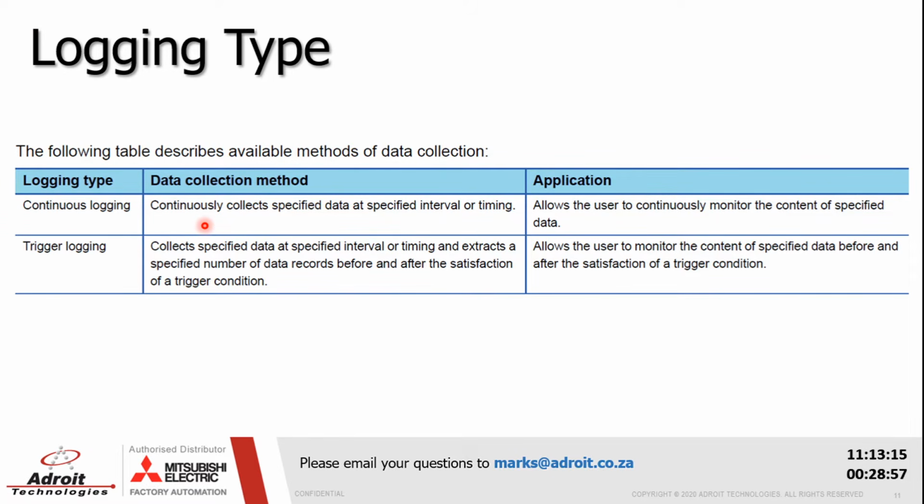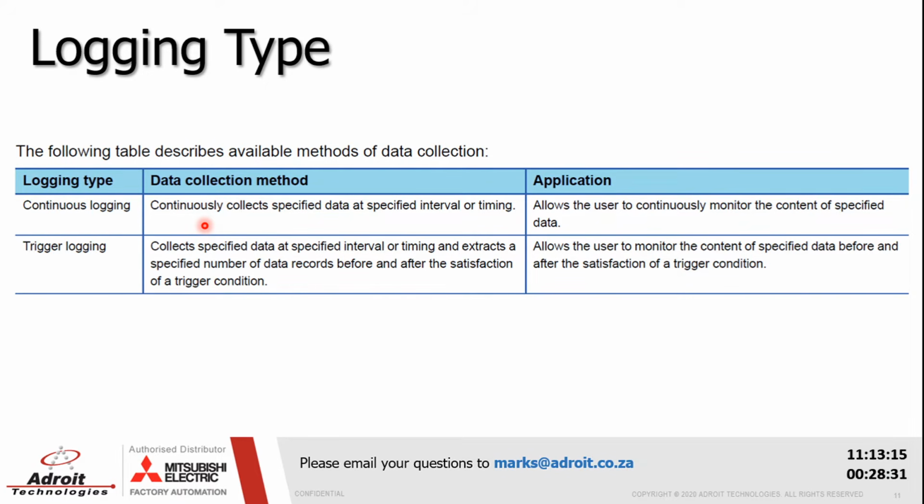Okay, so now the following table describes methods of data collection. When they talk about data collection, they're talking about how it collects the data, how long it collects your data. So continuous logging, as it says, will log for a continuous time. So the whole time that the PLC is running, it will look to log your data for you.